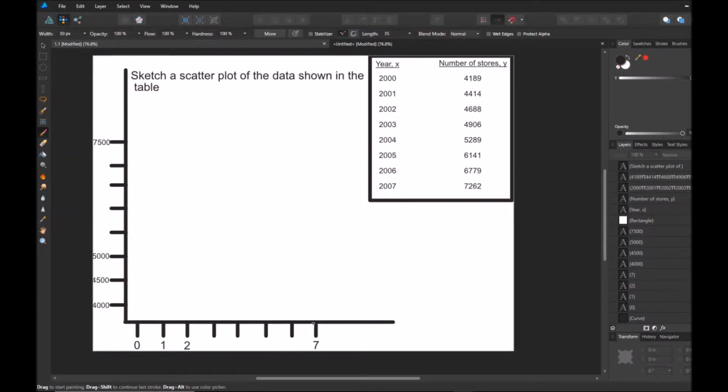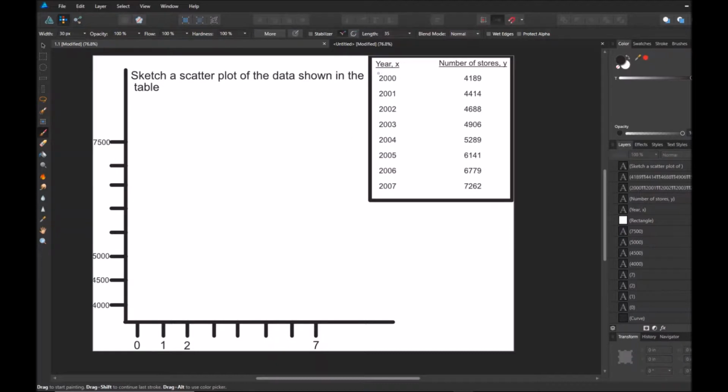So I labeled the x-axis as such, with 0 corresponding to 2000 and 1 corresponding to 2001, and so forth until you get to 7 corresponding to 2007. And then for the y values, I started at 4,000 and scaled it up by 500, so it goes from 4,000 to 4,500 to 5,000, and so on, all the way up to 7,500.